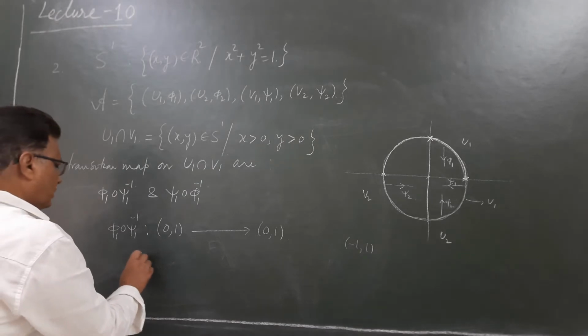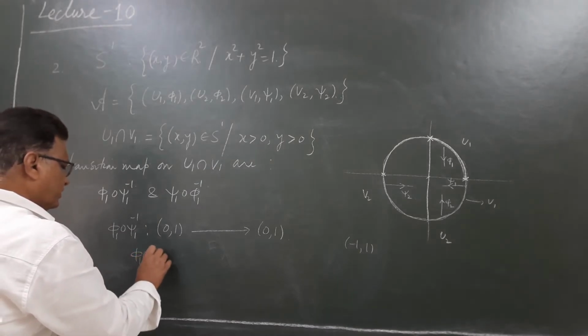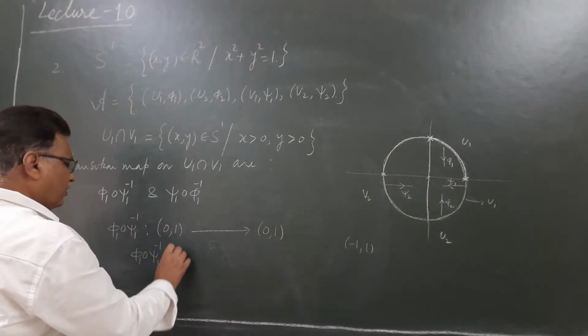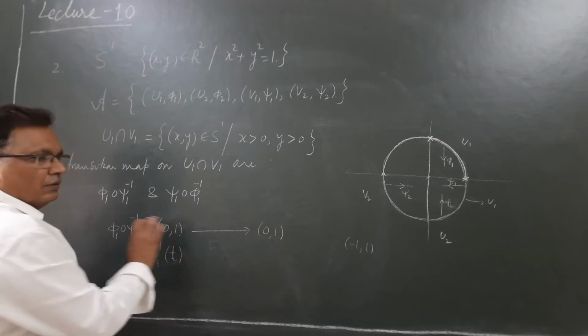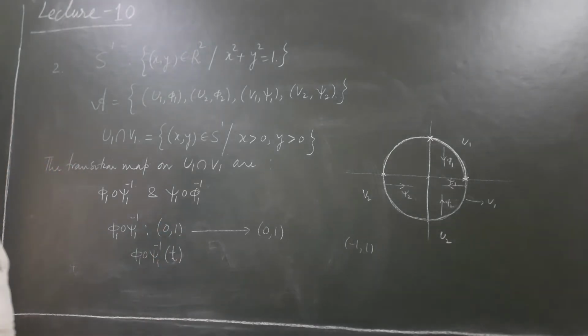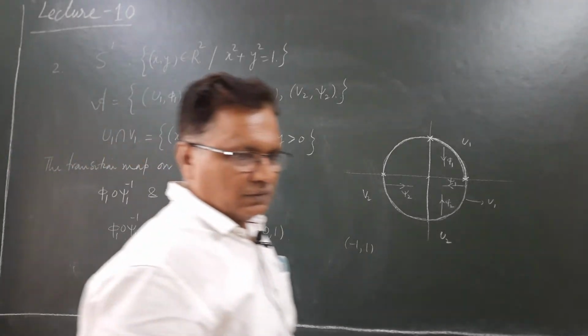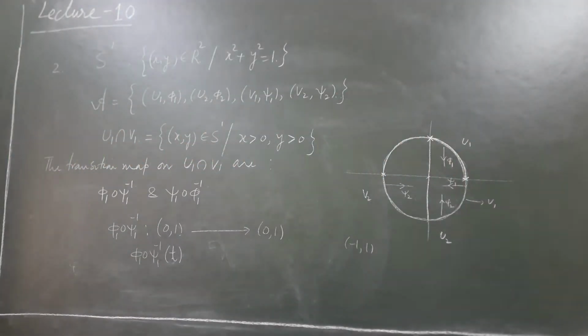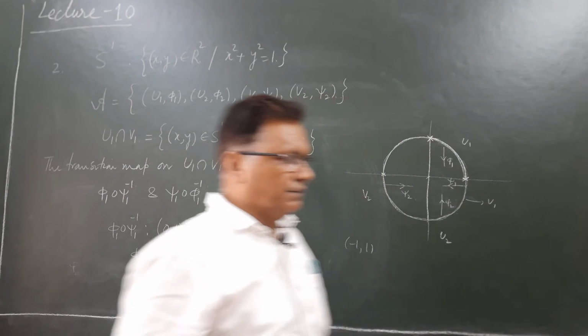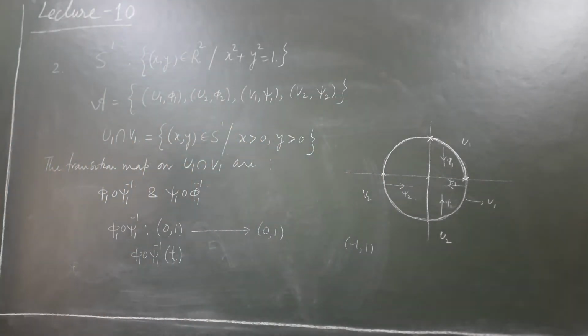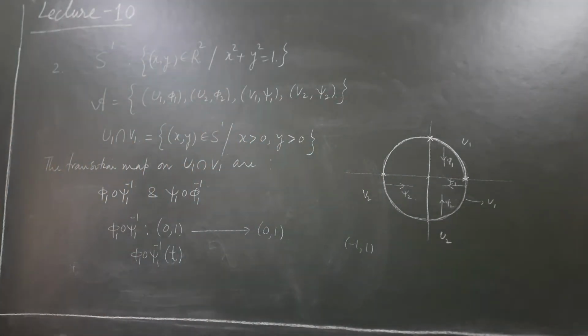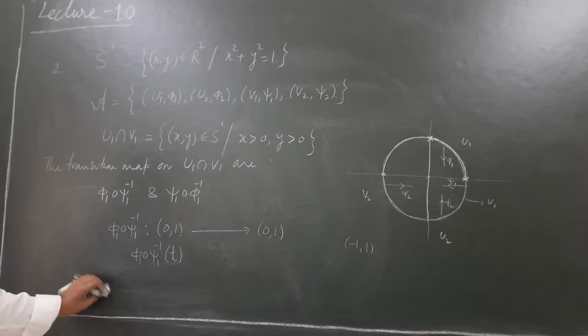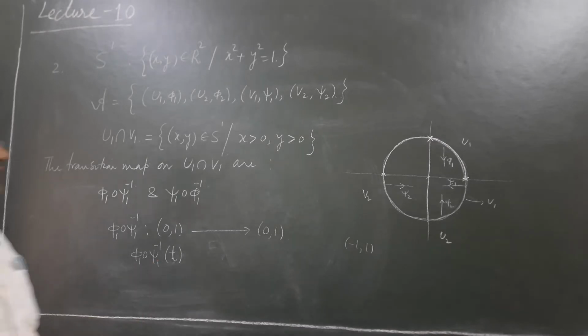You have to see that phi 1 composition psi 1 inverse will operate on a real number between 0 and 1. Phi 1 composition psi 1 inverse. So let me recall the definition.